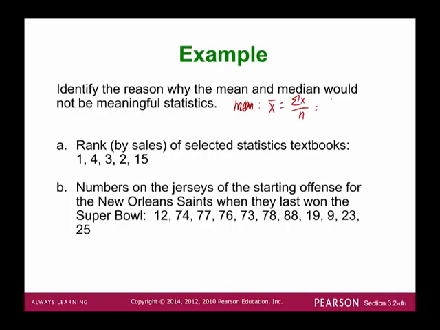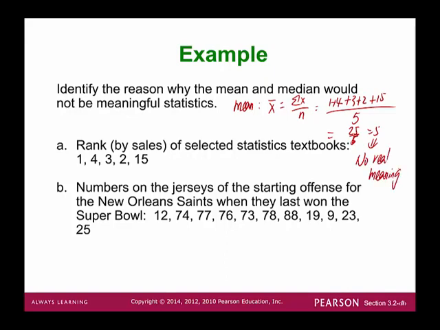So sum up all of those numbers, 1 plus 4 plus 3 plus 2 plus 15, then divide by 5. Sample size is 5. This turned out to be 25 over 5. That's 5. And right here, 5 is the average of those numbers. However, we just couldn't explain this 5 in terms of the ranking system here. So no real meaning.